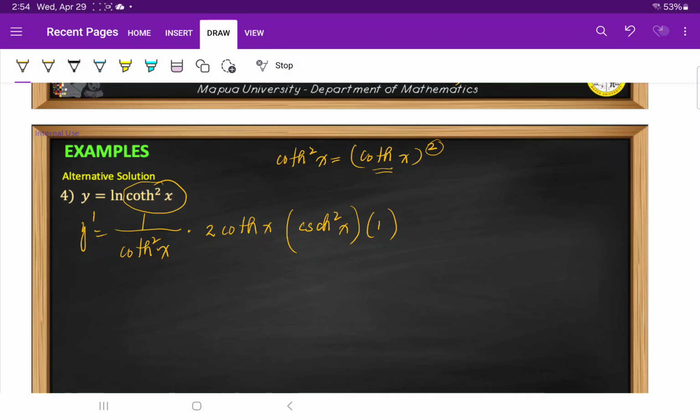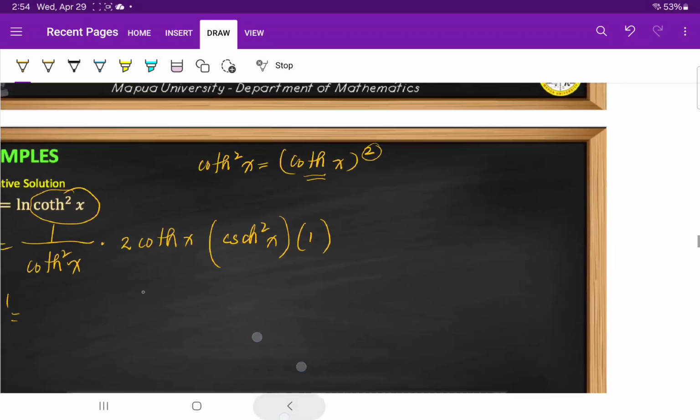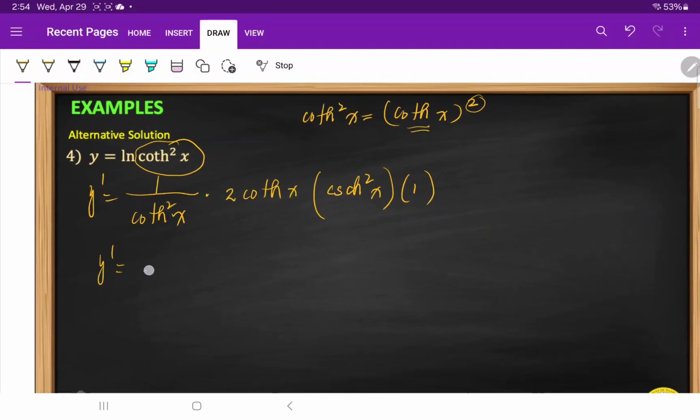So again, we can simplify this. We may change this again into sine and cosine. So in the numerator, we have 2 hyperbolic cotangent, which is hyperbolic cosine of x over hyperbolic sine x.